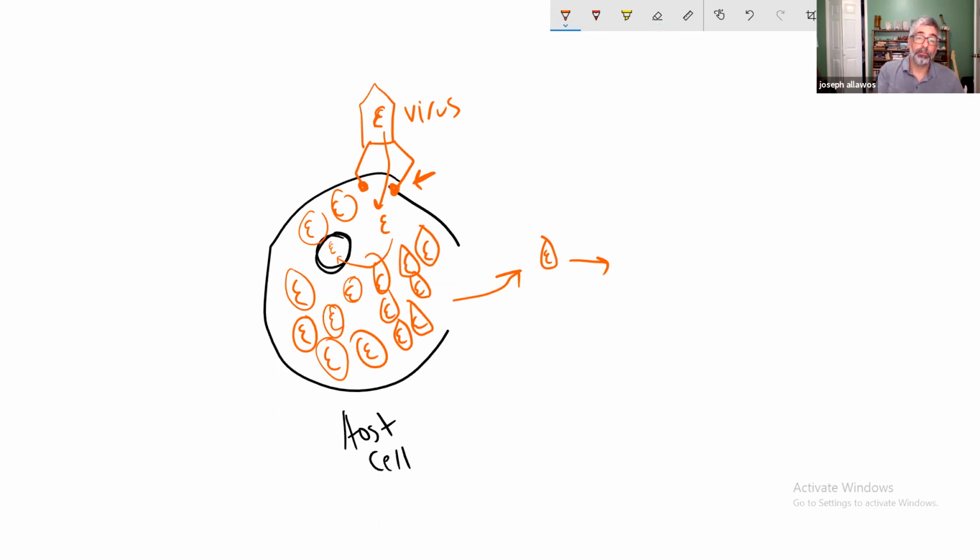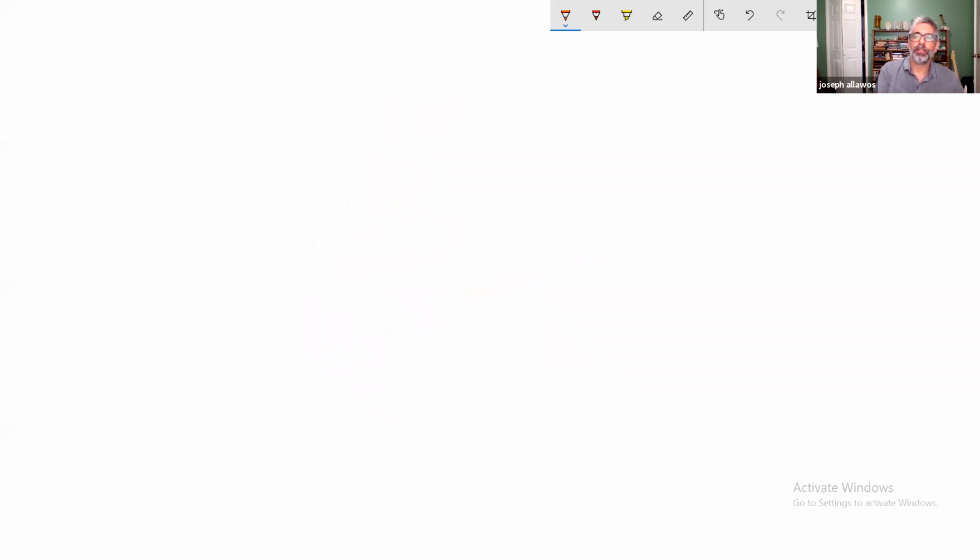And so we talked about how initially this can overrun your system, but then the killer T cells come into play, and they start finding these things and recognizing them as being foreign. And then the immune system kicks in, antibodies are produced, eventually your body clears the virus or not, depending upon the virus, okay? So this gives you an idea of how viruses infect.